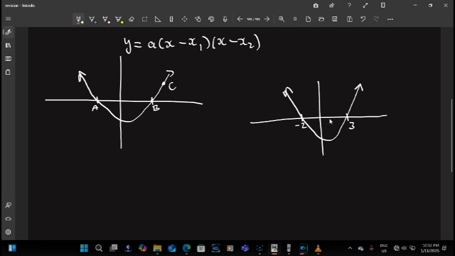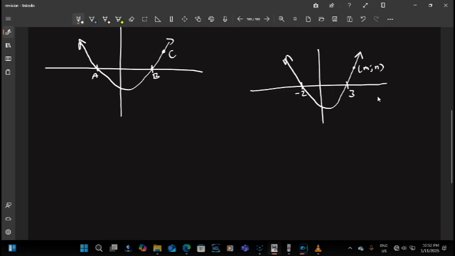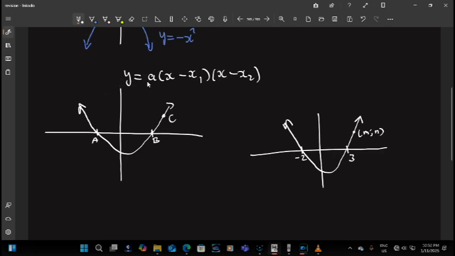All right, and suppose you have a point, 4 mapped to 16. Yeah, let's say you have 4 mapped to 16. All right, or let's say just m mapped to n. Suppose you have m mapped to n. So now they want you to find the equation of f.